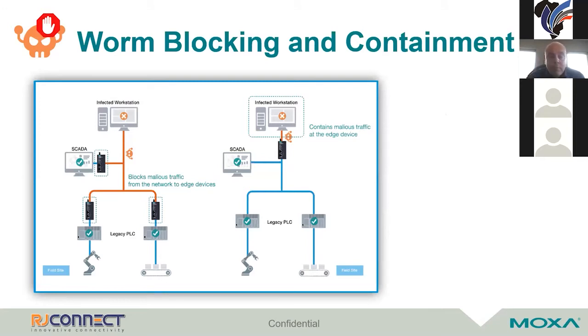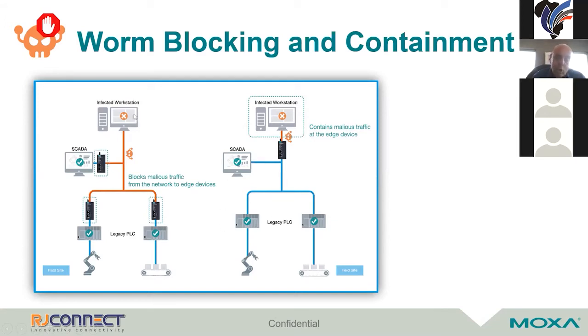What about worm blocking? So what we do over here is we actually look at blocking the worm at multiple levels. So you might have an infected workstation, for example, that laptop that came into the network, all right? And you could block it at the point over there, allowing your network then to be safe.